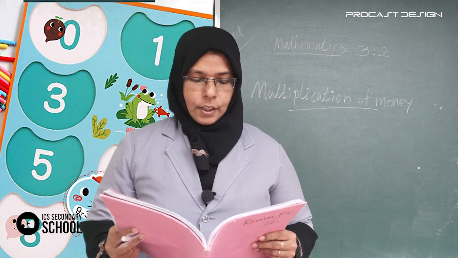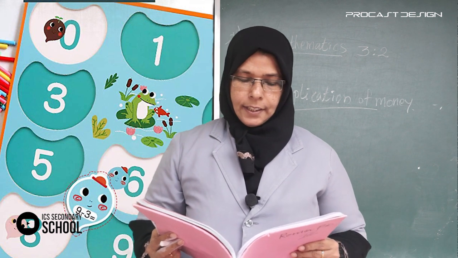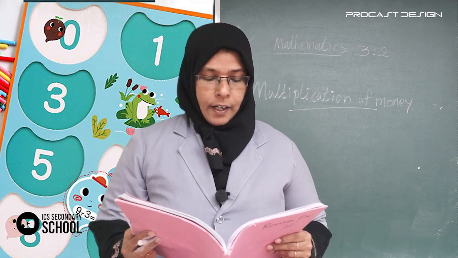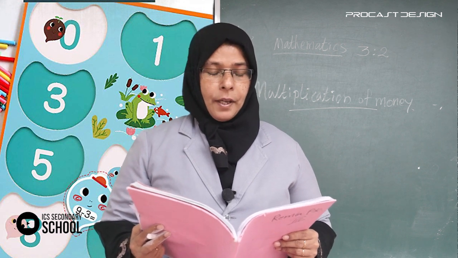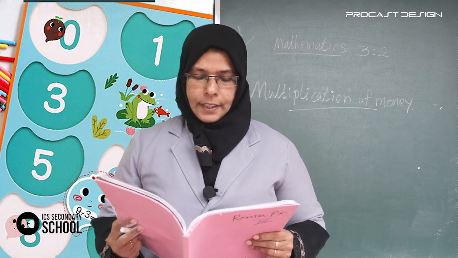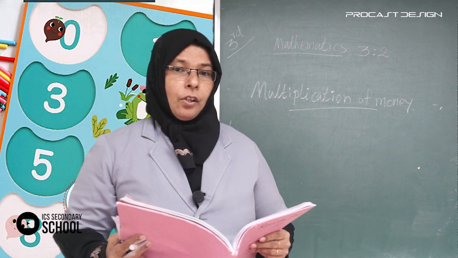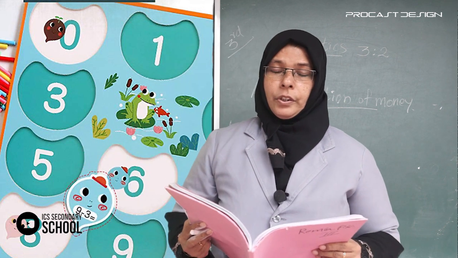The cost of 6 pencils is equal to rupees 1 and 75 paise into 6. All of you multiply it. You already studied the rules of multiplication.